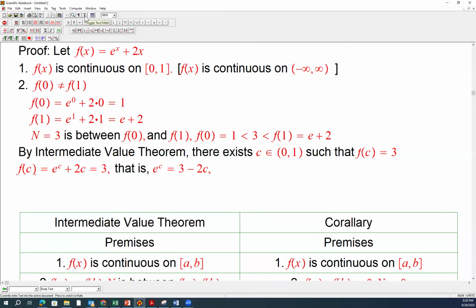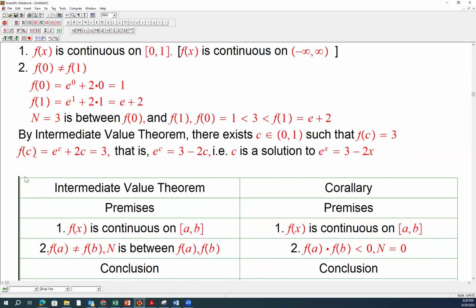You can say, i.e., c is a solution to e to the power x equals 3 minus 2x. So there's more than one way to do it, but which way do you like?